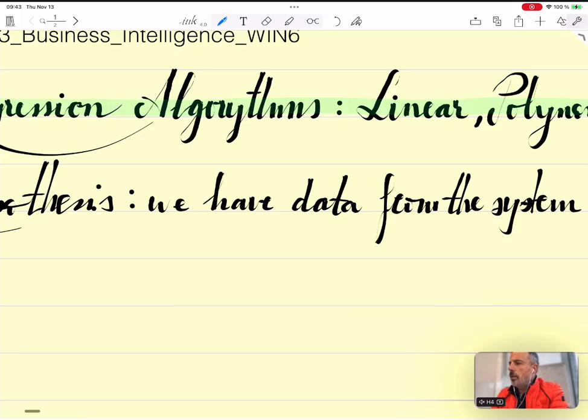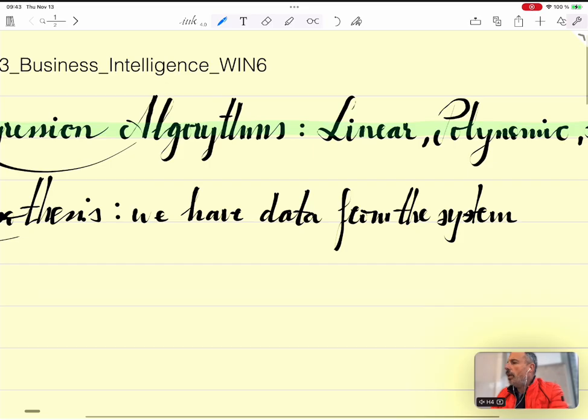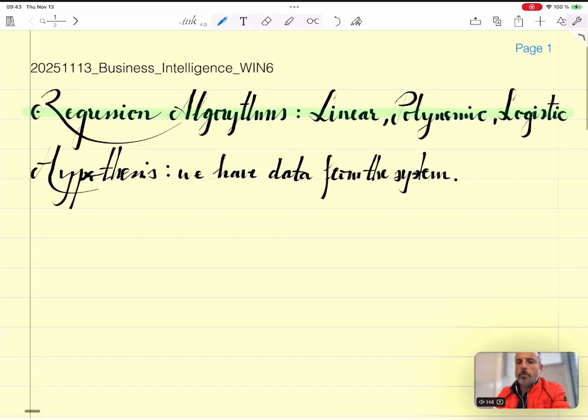The system is a management system, okay, usually some KPIs. And the goal is to predict the behavior of the system based on the data, okay? So we want to make some predictions, and for that we first are going to explain the linear regression.